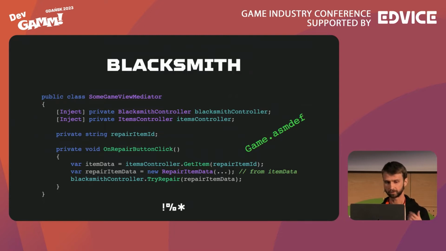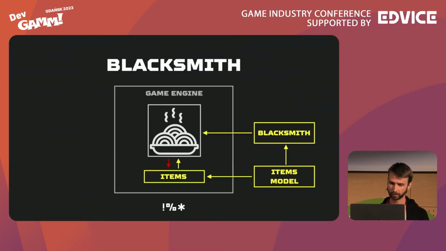In this case, I just used some simple constructor, but in more complex cases, you can introduce some mapper class. This is also a great pattern to use in more complex cases. Our dependency graph doesn't change a lot because we just introduced a new class in the blacksmith module and maybe some mapper in the game engine. So it stays the same, let's say.